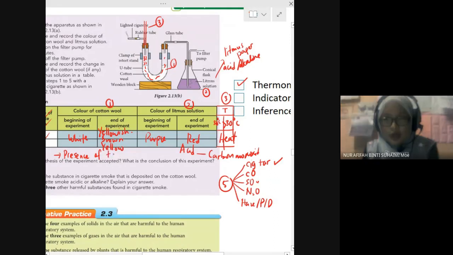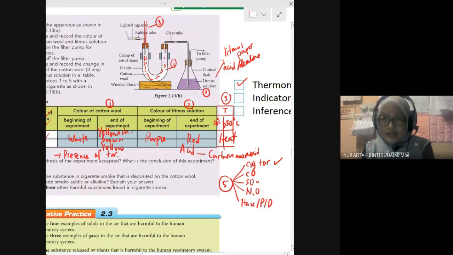Number 2: the litmus solution changes its color from purple to red because of the presence of carbon monoxide. There is a lot of carbon monoxide in the cigarette smoke, which is an acidic substance, so it changes the litmus solution from purple to red.